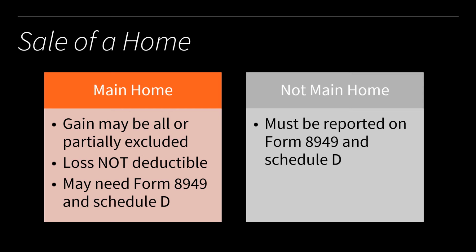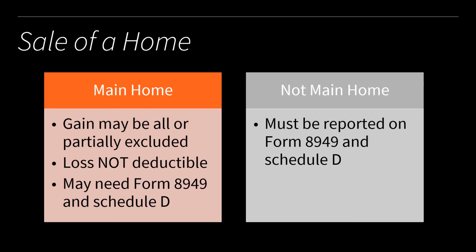Aside from gains and losses from the sale of stocks or mutual funds, we can also help report the sale of a home. And it's important to determine first whether this was the taxpayer's main home or whether it was not their main home. If it was their main home and they have a gain, then some or all of that gain may be excluded from income.